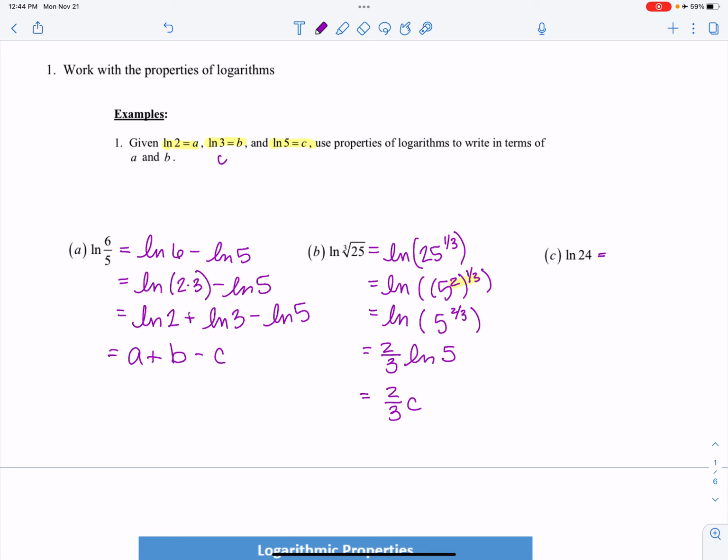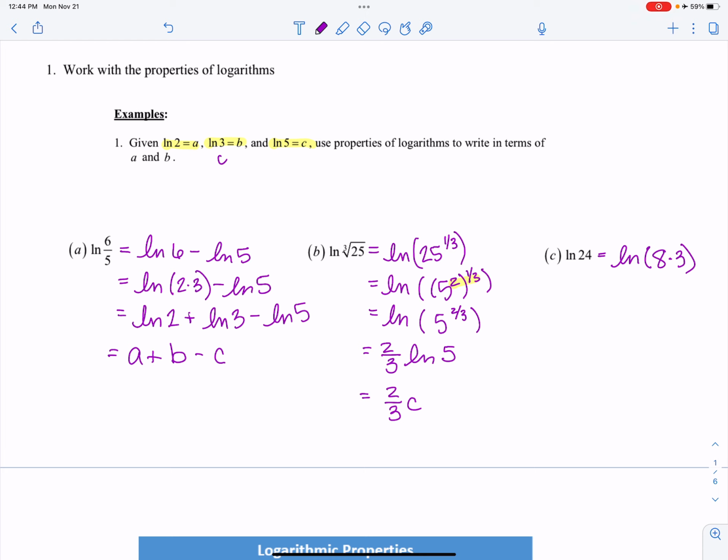So we've got natural log of 24. If I want it in 2's, 3's, and 5's, I know that I can get it closer to that by using a 3. I know that 8 times 3 is 24, right?